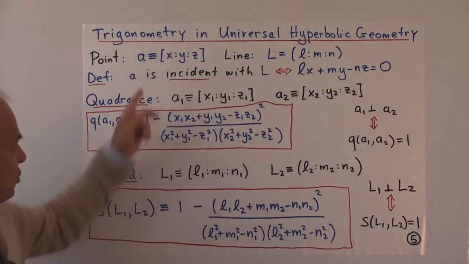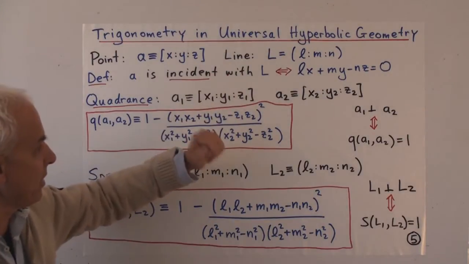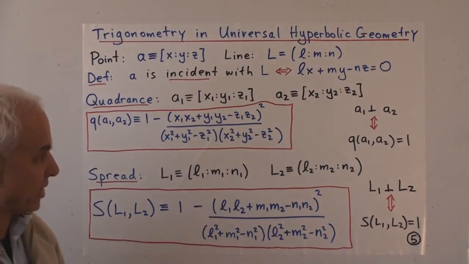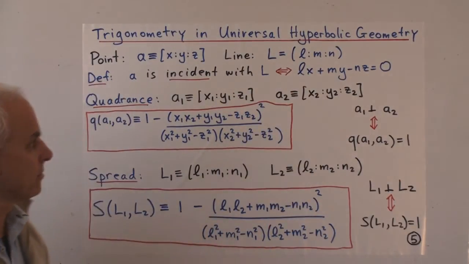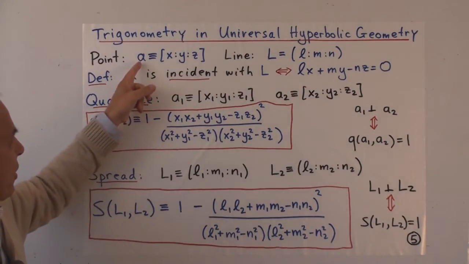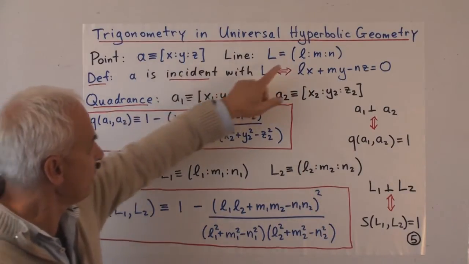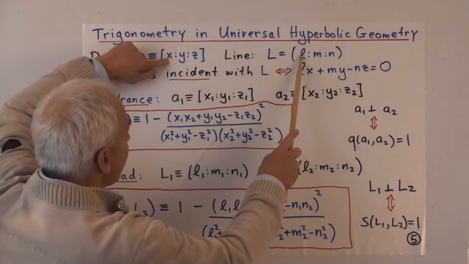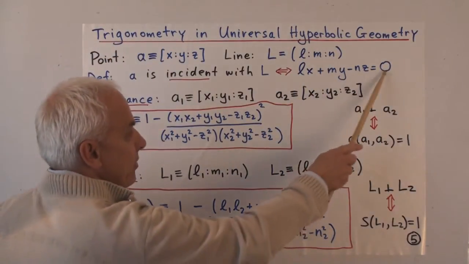That's our convention. It's usually given by a small letter, like a. A line is a proportion of three rational numbers given in round brackets. We say that the point A is incident with the line L. This point is incident with that line precisely when l times x plus m times y minus n times z equals 0.